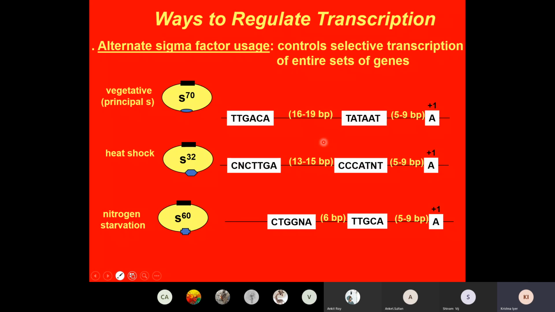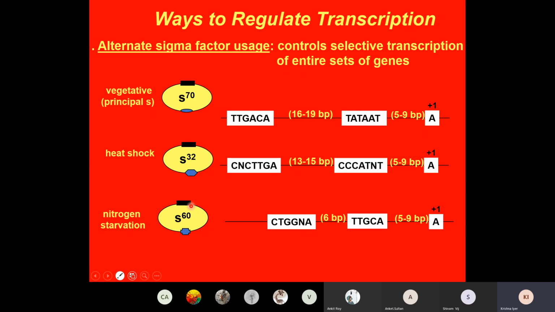So here is an example of how sigma factor 70, sigma factor 32, and sigma factor 60 all play a role in expressing different types of genes. These are what are called vegetative principal genes. Then the other is induced when the bacteria are subject to heat shock.